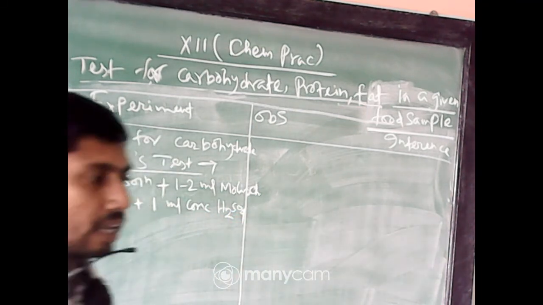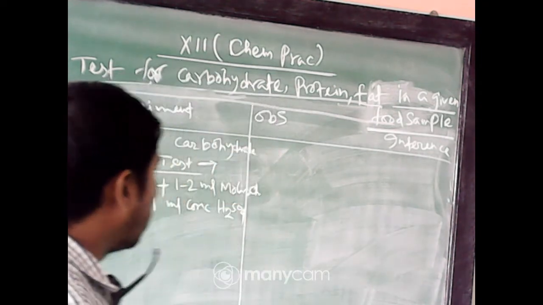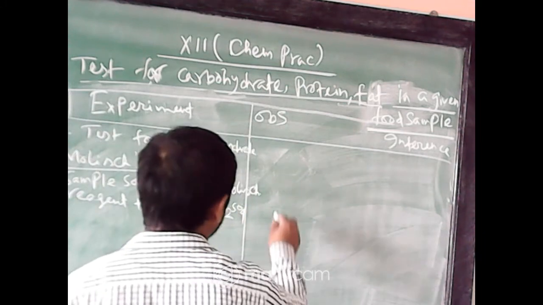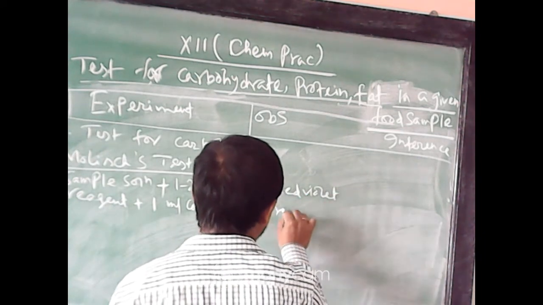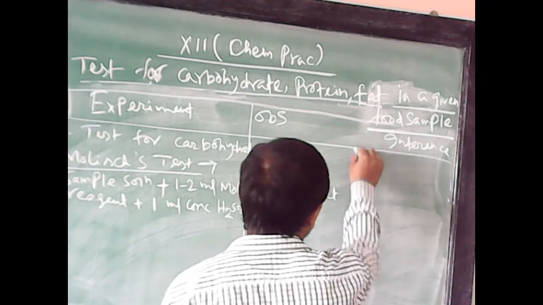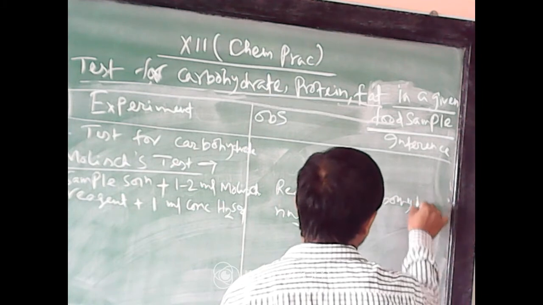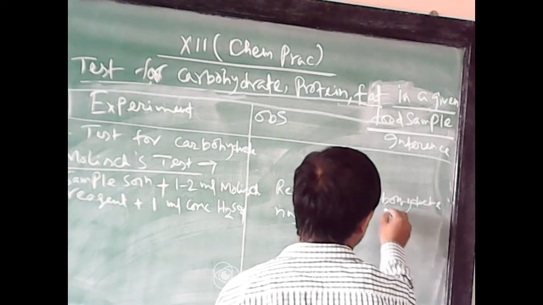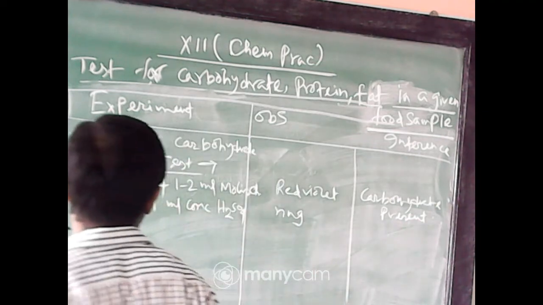You will get a ring of red violet color. This red violet ring indicates that carbohydrate is present. There is no probability, it is confirmed. Carbohydrate present. This is test number 1.